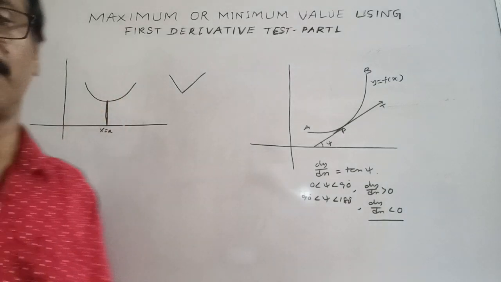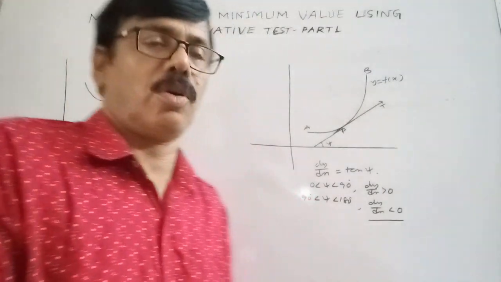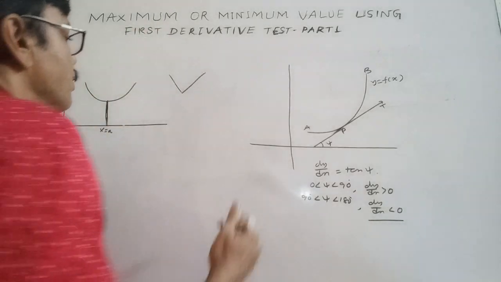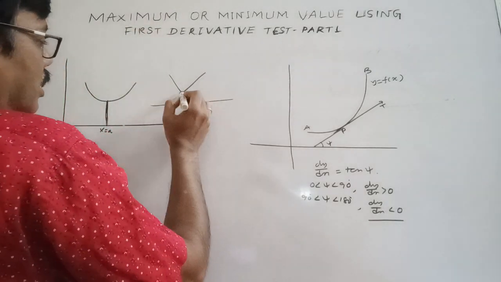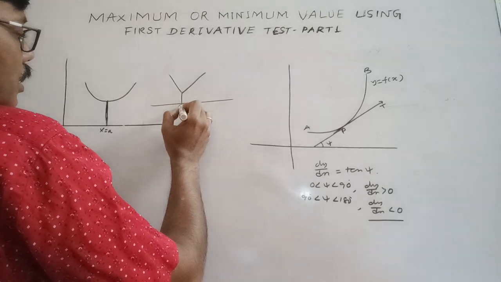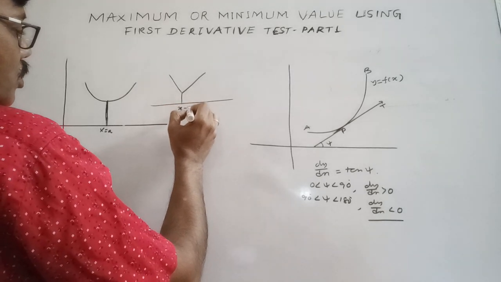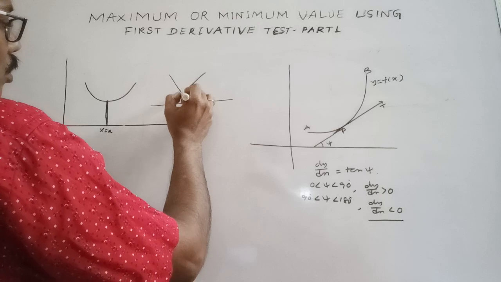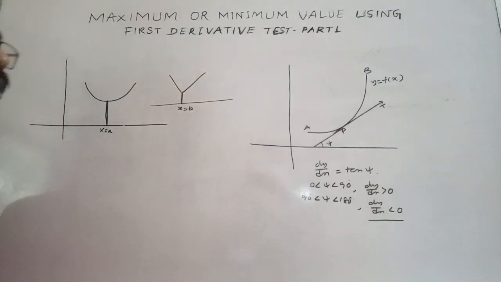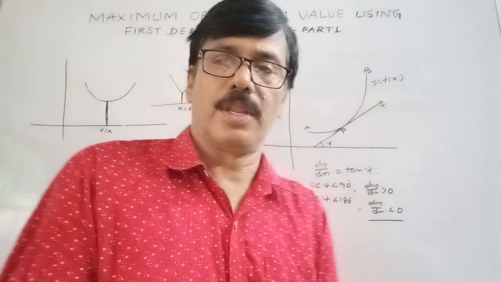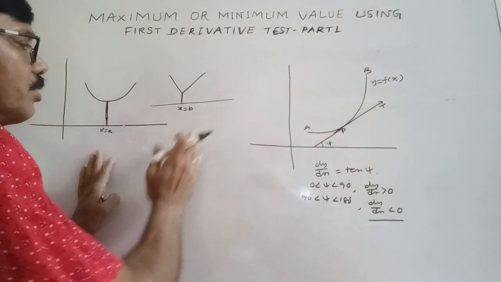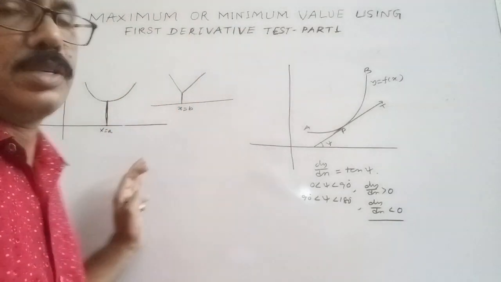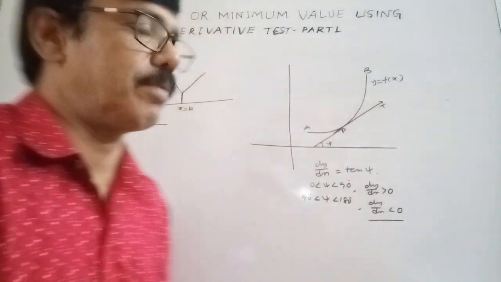I am talking about local minimum or local maximum. Now at this point, suppose this is x equals b. Look, the value of the function is minimum. I have already discussed how to find maximum and minimum value.